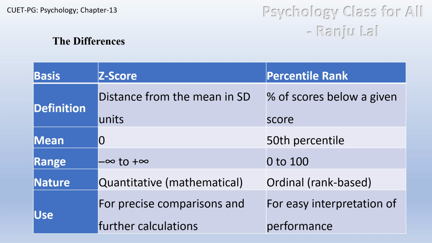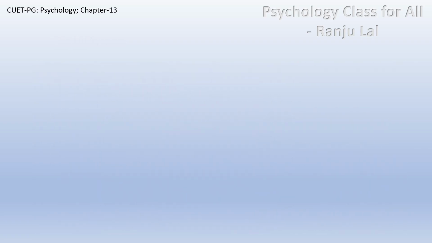So Z-scores are great for statistical analysis, while percentile ranks are great for simple, understandable interpretation, especially in educational or psychological reports. Now, when to use which one?